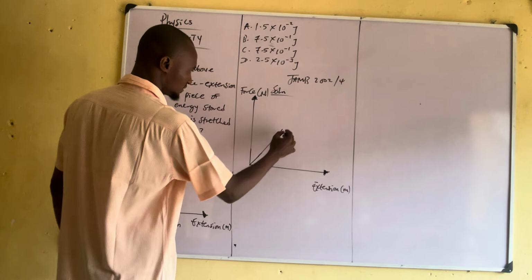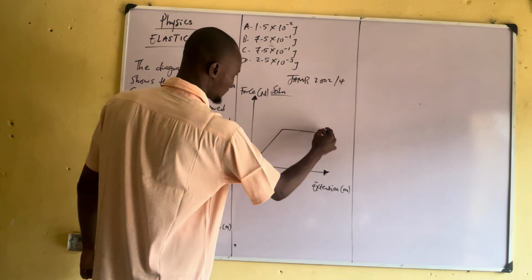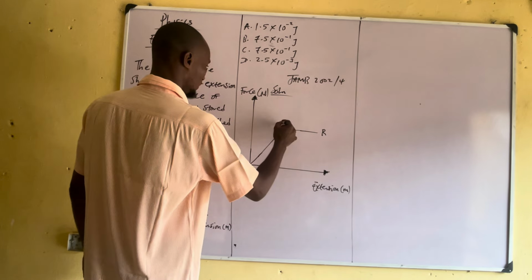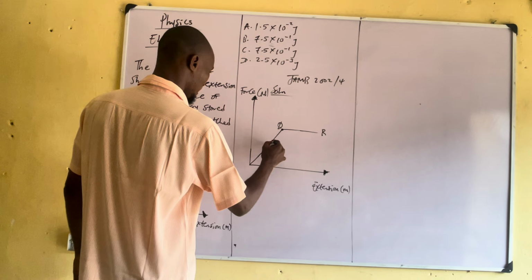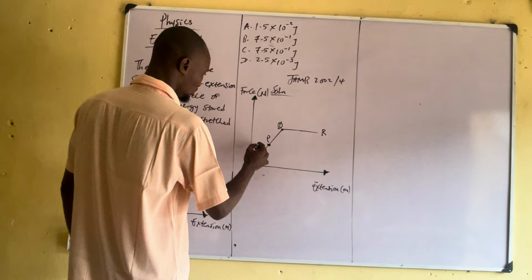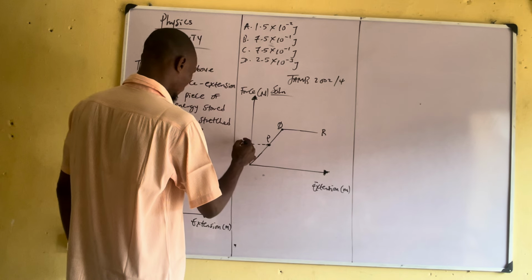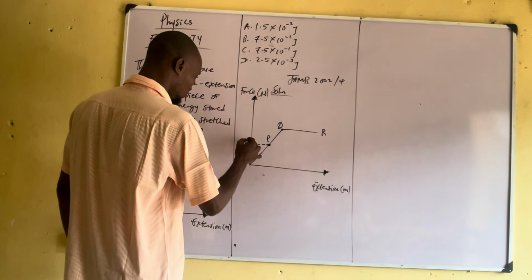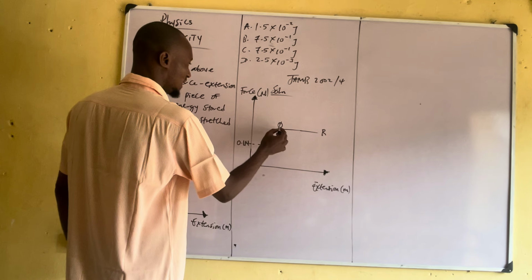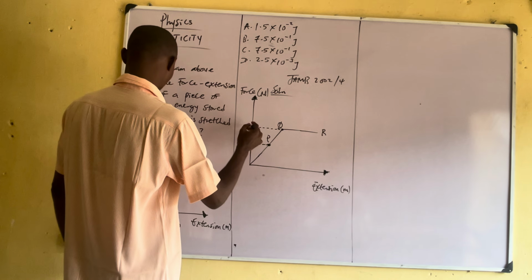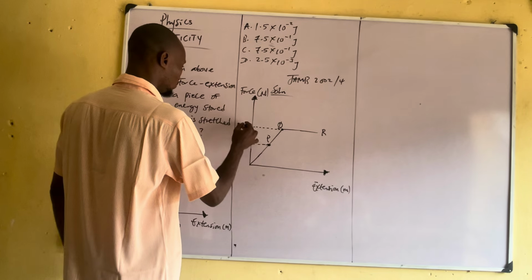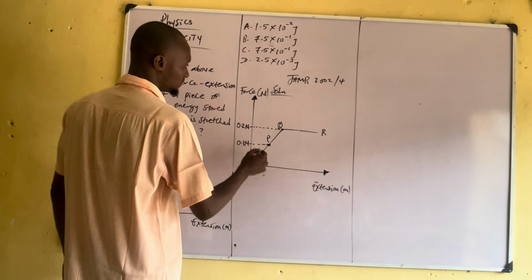Based on the diagram, we have R here, here is Q, and we have P, point P here. So we have to trace this point. Here is 0.1 Newton, and if we trace this one, here is 0.2 Newton.